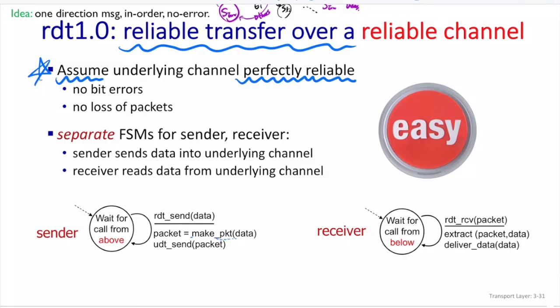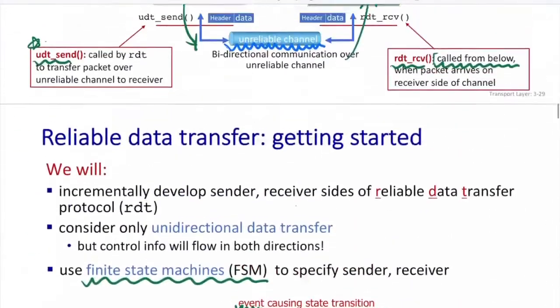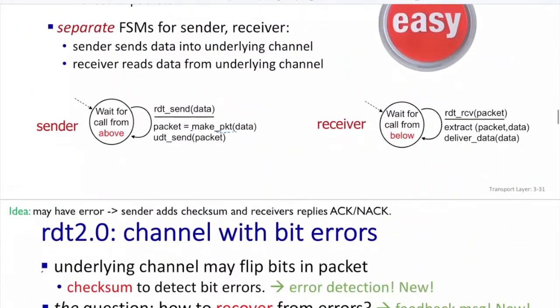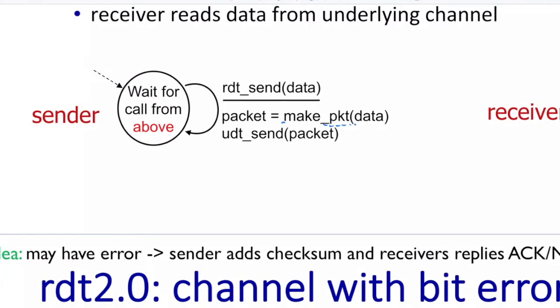Okay, so right here is the finite state machine of the sender. As a layer 4 protocol, the initial state is right here. As we mentioned before, the layer 4 protocol will be triggered at the moment the layer 7 sends a message from above. So we say the layer 4 protocol will wait for call from above.